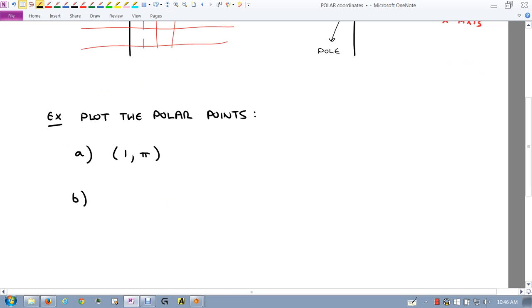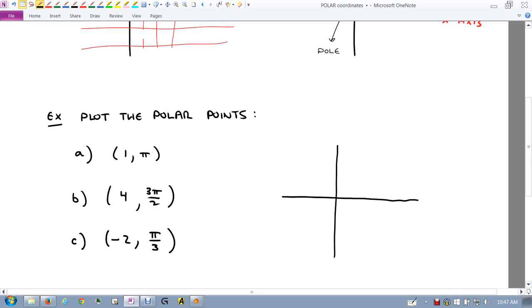How about B? (4, 3 pi over 2). And the last one, how about C, (-2, pi over 3)? Let's try and do them all on the same grid, or on the same polar plane.